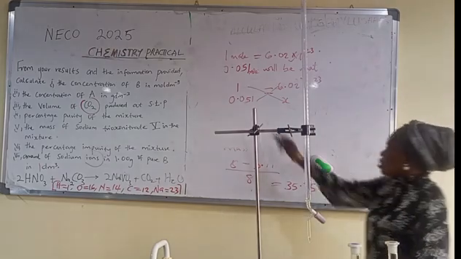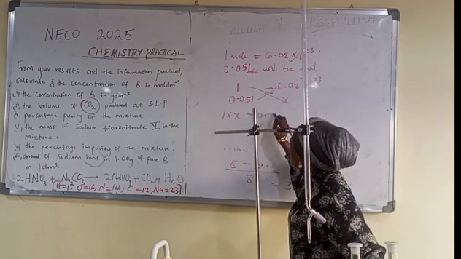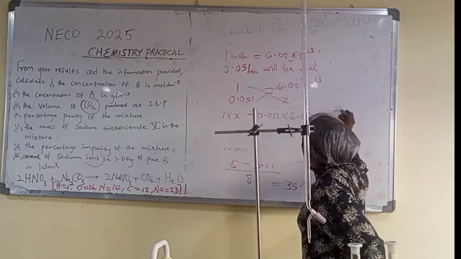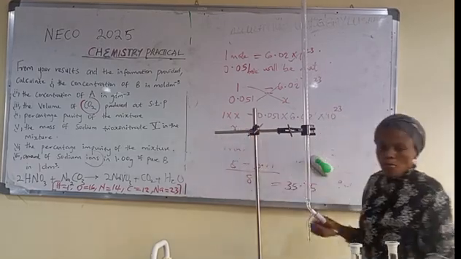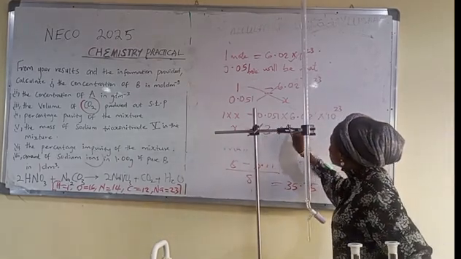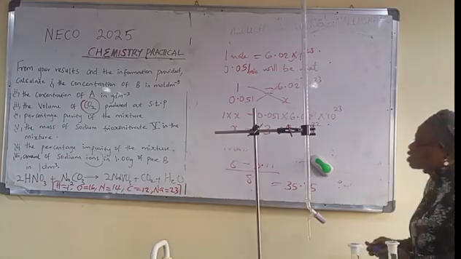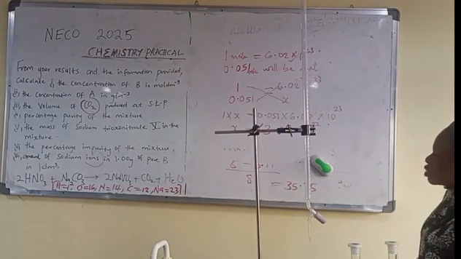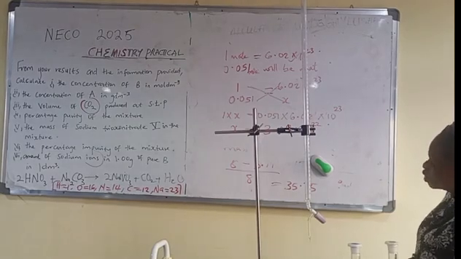It now becomes 1 times x equals 0.051 times 6.02 times 10 raised to the power 23. So this ends up giving me x equals 3.077 times 10 raised to the power 22. So we have been able to calculate the amount of sodium ions in 1.00 gram of pure B in 1 dm3 of the solution.